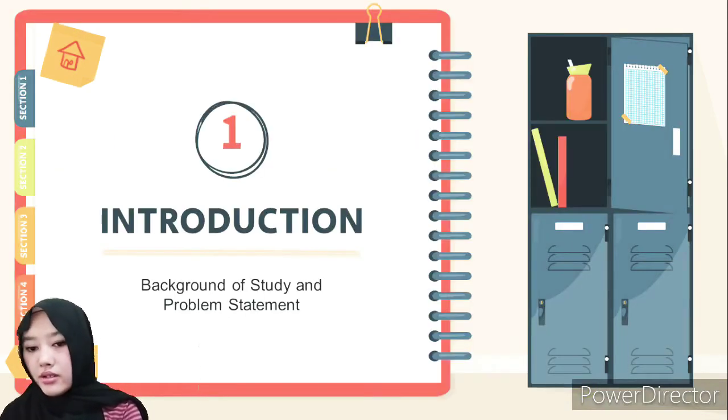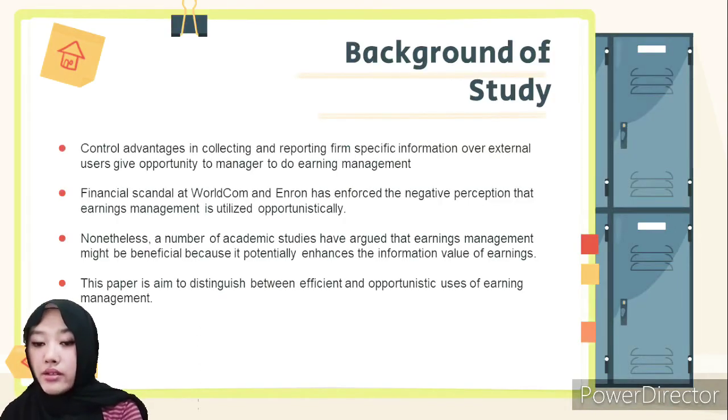Okay, we move to the introduction, chapter 1. The first one is the background of the study. As the purpose of financial reporting is to deliver information to both internal and external stakeholders, it should be prepared in a reliable manner, especially for earnings, a primary part which is used as a basis to develop corporate policies and decision making.